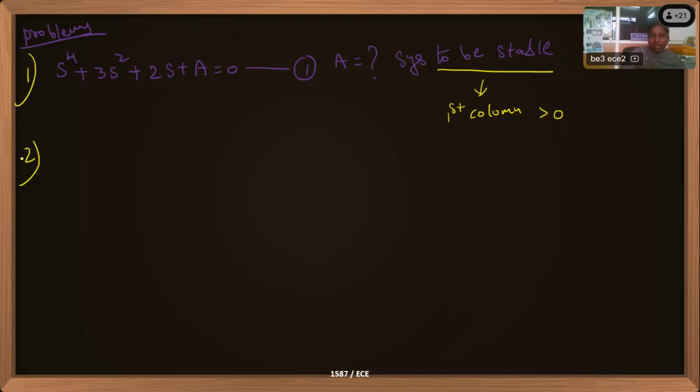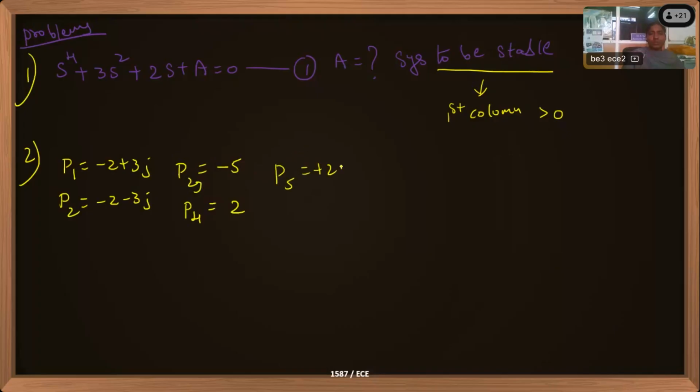Second possibility: they may give you the roots. Pole 1 is -2+3j, pole 2 is -2-3j, since the complex conjugate should be there. The third pole is -4.5. The fourth pole is +2. The fifth pole is +2j, and the sixth pole is -2j.